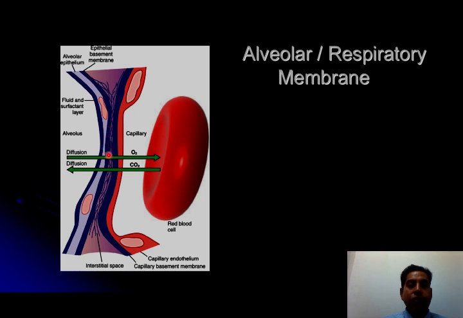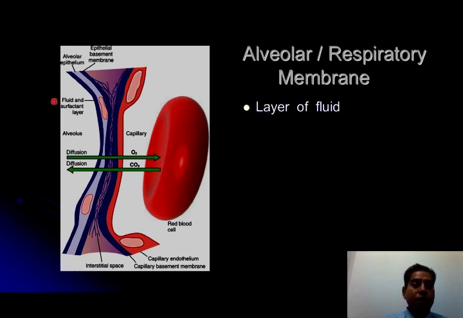From there on, it has to cross the basement membrane, then into the capillaries via the endothelium, reaching into the blood, then crossing the plasma, and it combines with the hemoglobin in the red blood cell.